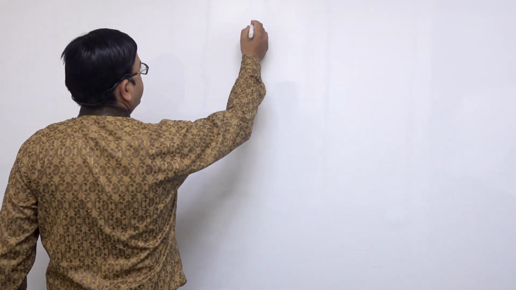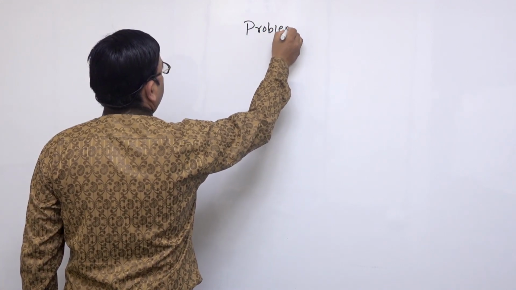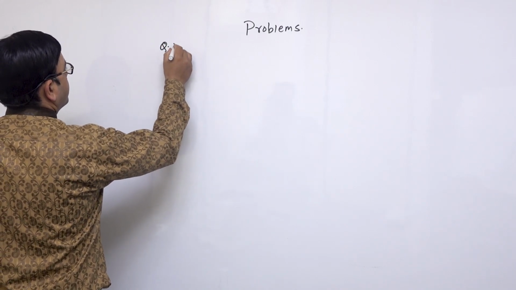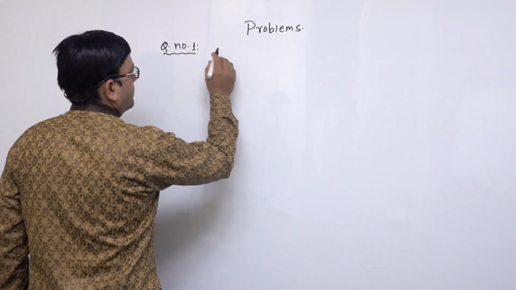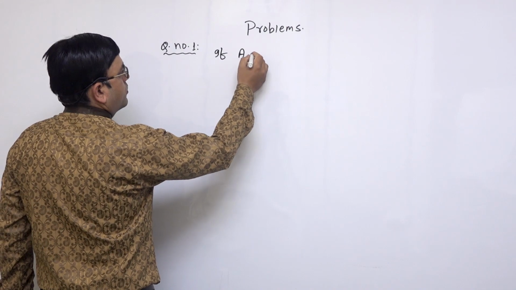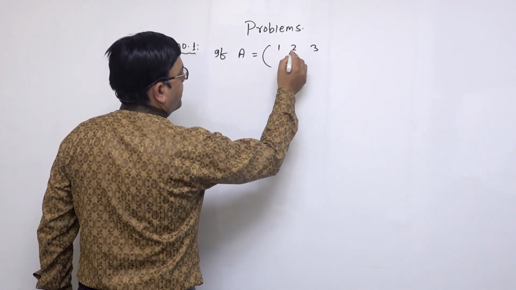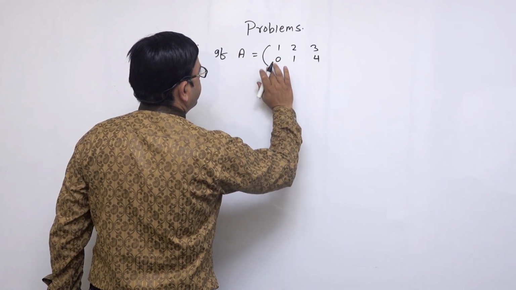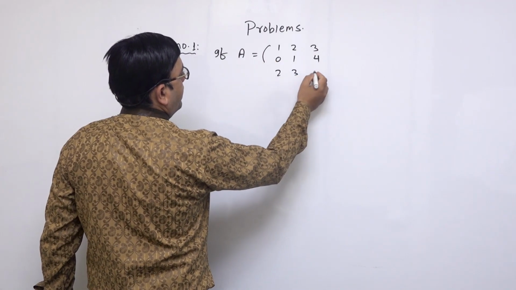Now problems. Question number 1. Suppose A is equal to [1 2 3; 0 1 4; 2 3 0].